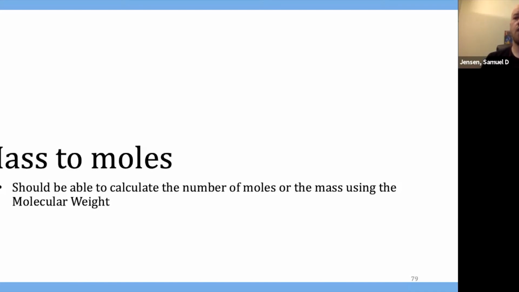So we have to be able to calculate how many moles there are of various components in a chemical reaction. But my scale in the lab doesn't measure moles. My scale in the lab measures grams. So we have to have a way to calculate between grams and moles, which we do with the molecular weight.